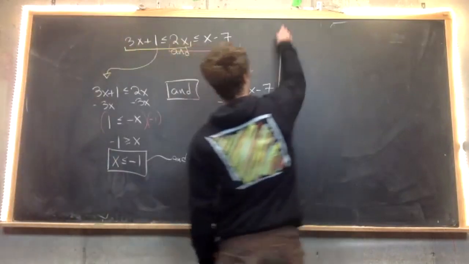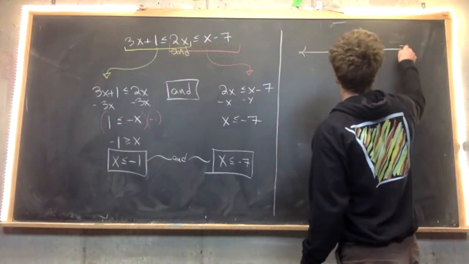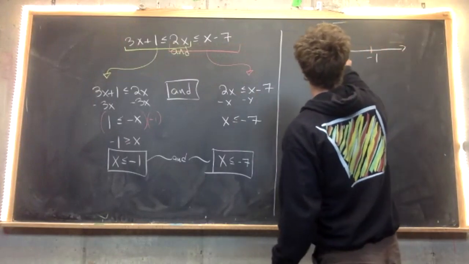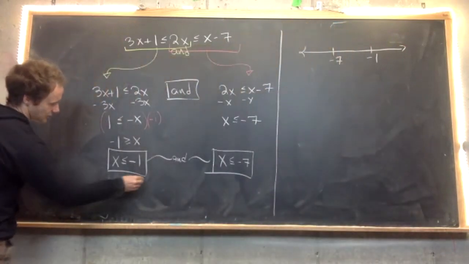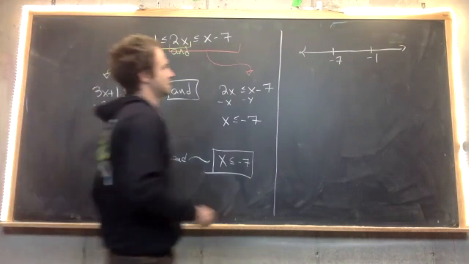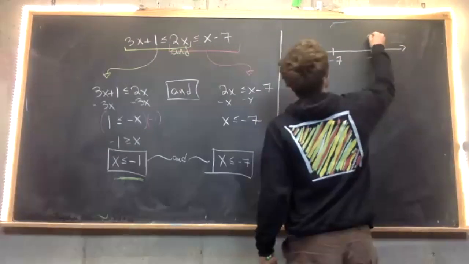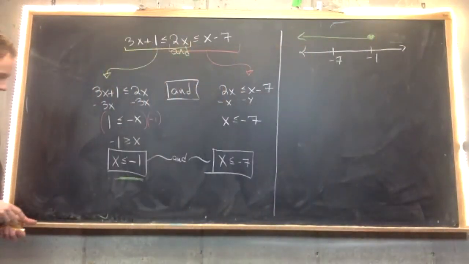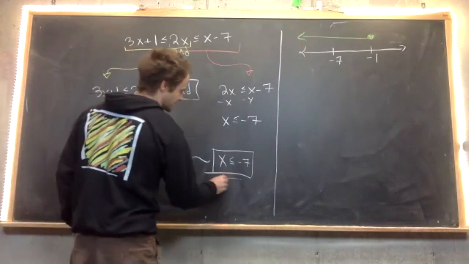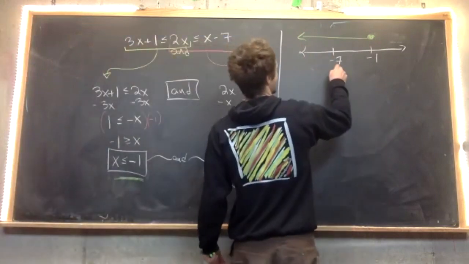So notice that the 2 important points on the graph are negative 1 and negative 7. So let's maybe graph this one in green. So in green, that would be like everything to the left of negative 1. Then let's maybe graph this one in blue. So that's going to be everything to the left of negative 7.